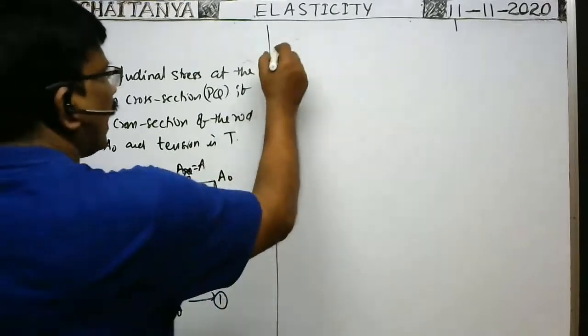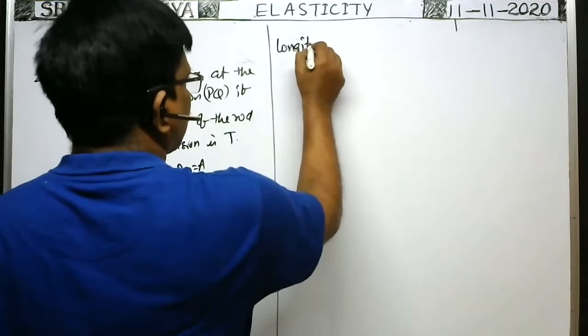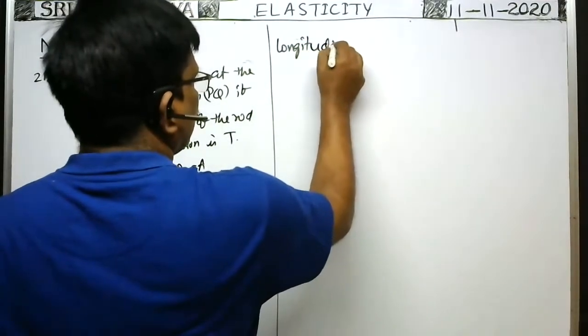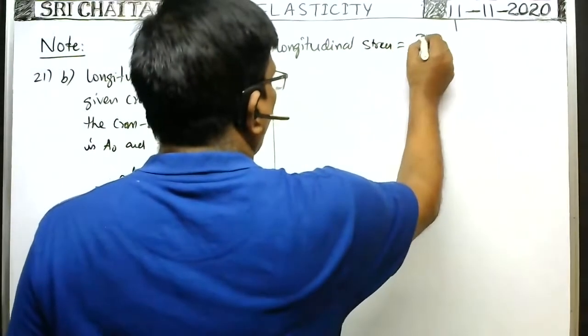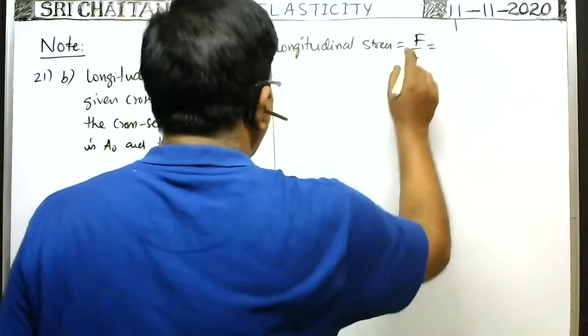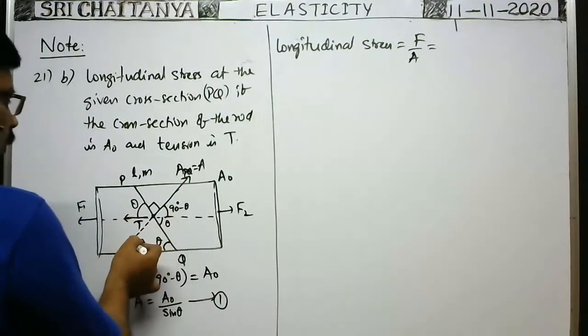Therefore, longitudinal stress or tensile stress is equal to force by area of cross section. Force perpendicular to the cross section acting on the rod is equal to T sin theta.